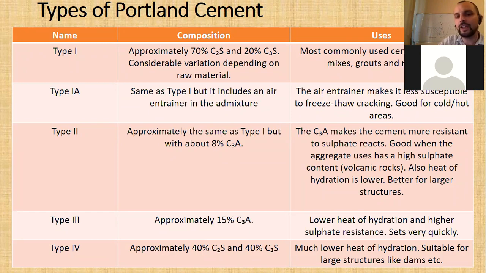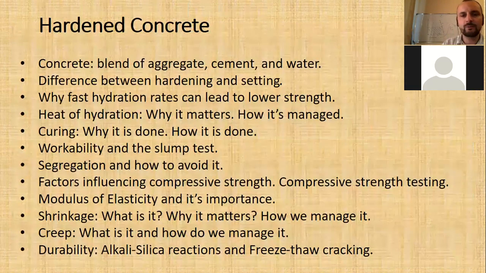Also, the other thing you need to remember, guys, is having some idea on how Portland cement is manufactured. So then we looked at the properties of concrete. So remember, concrete is basically a blend of aggregate, cement, and water.